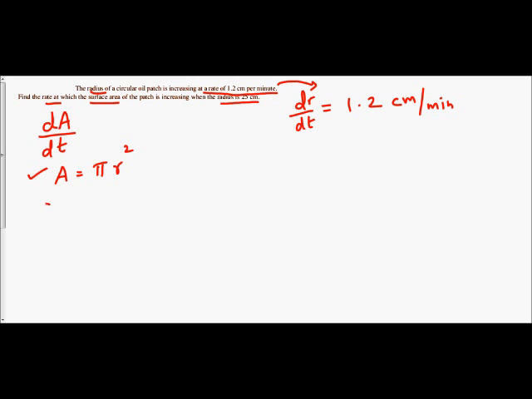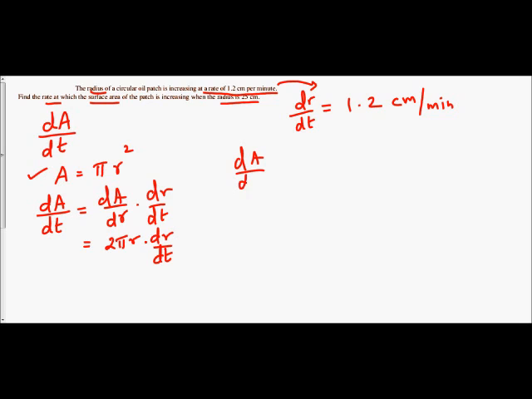And then the thing which you want is dA dt. So if you use your chain rule, this is dA dr times dr dt, which is 2 pi r times dr dt. Now you need to find dA dt at r equal to 25 centimeters, where dr dt is given.